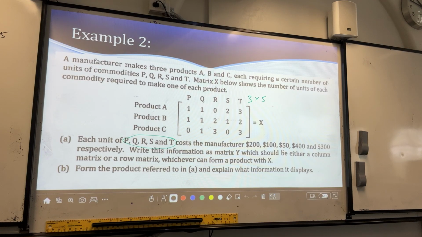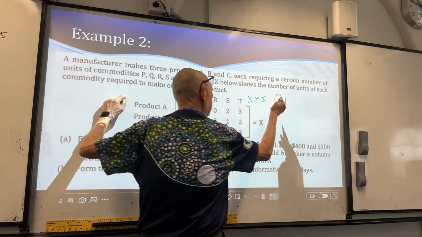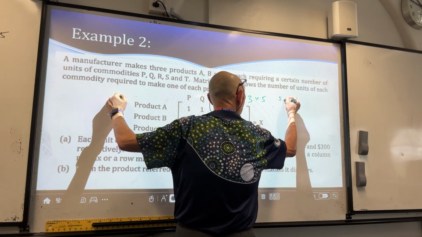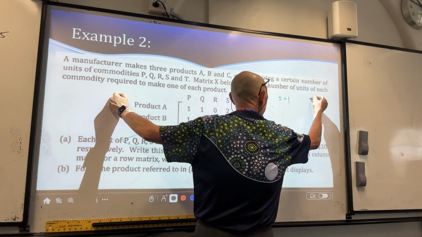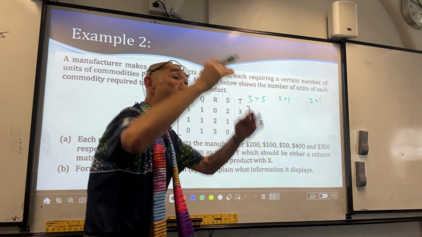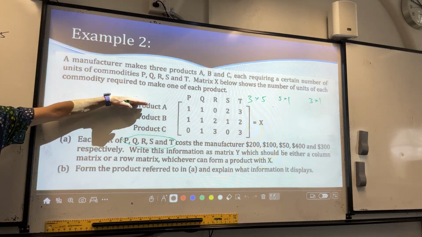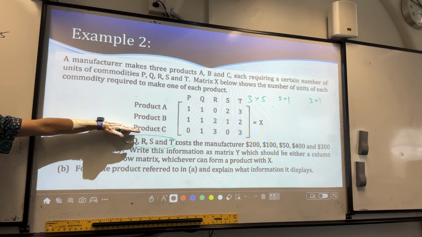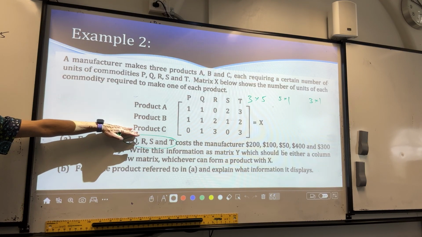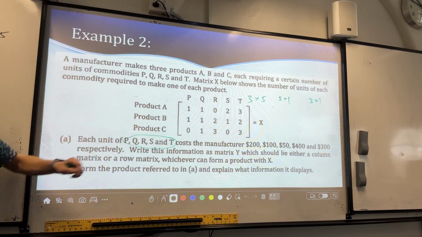What do I want? What is the information I want? Cost of each part. Yep, cost of each part. So therefore, you need to have a 5 by 1 so that you've got a 3 by 1 matrix where each row is the cost of product A, product B, and product C. Got it? Happy with it? Good.